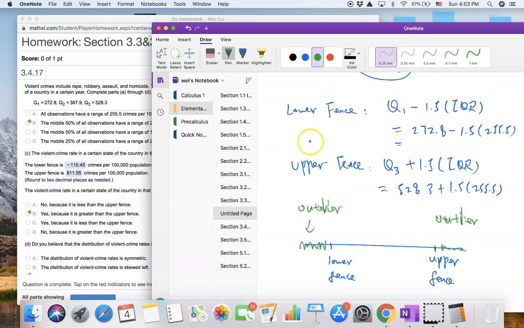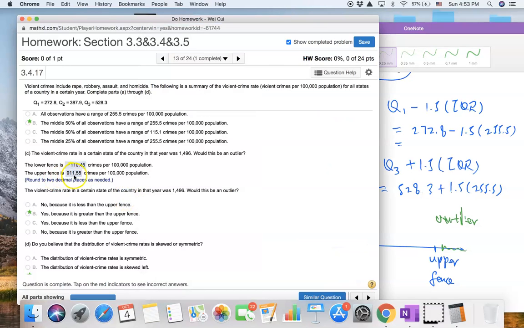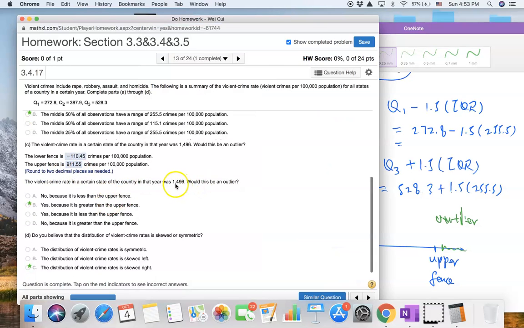So because our upper fence is 911, therefore yes, this observation is an outlier.